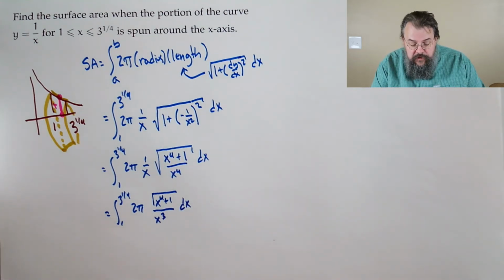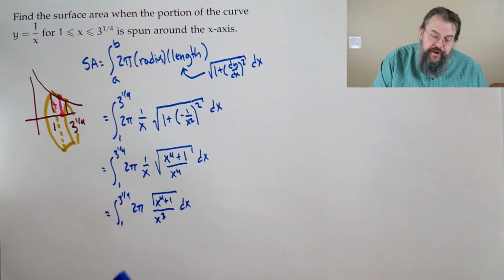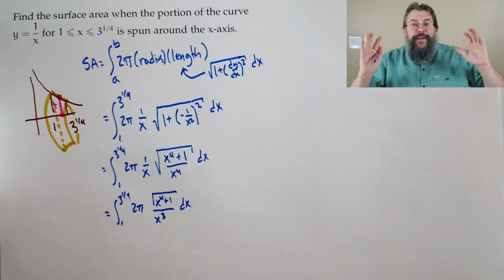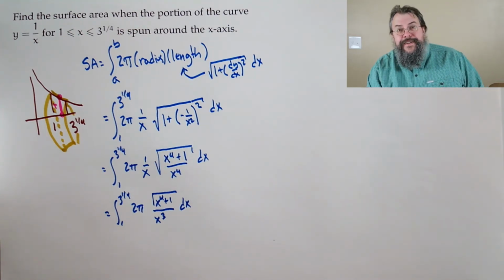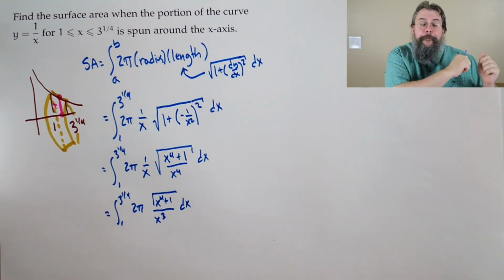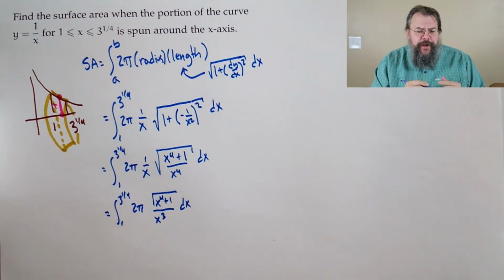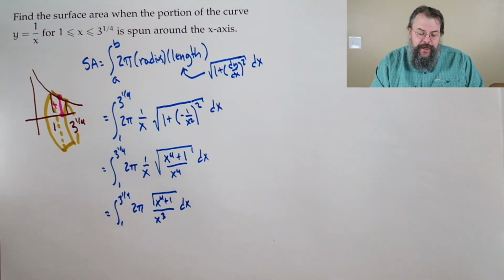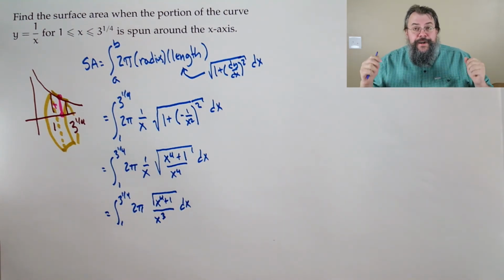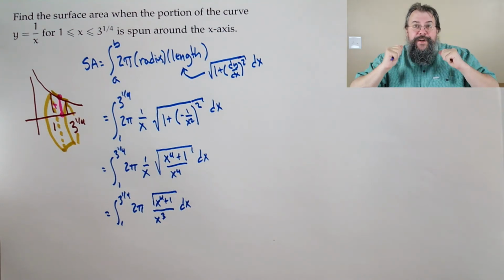Now, at this point, if it had been an x cubed upstairs, we'd be like, woohoo, x cubed upstairs, and away we go. But it wasn't upstairs. So we're not going to be going away. It's downstairs. So we got to think about it a little bit. Well, maybe we've got to think about it a lot, right? So what can we do? Well, let's put on our trig substitution hat.